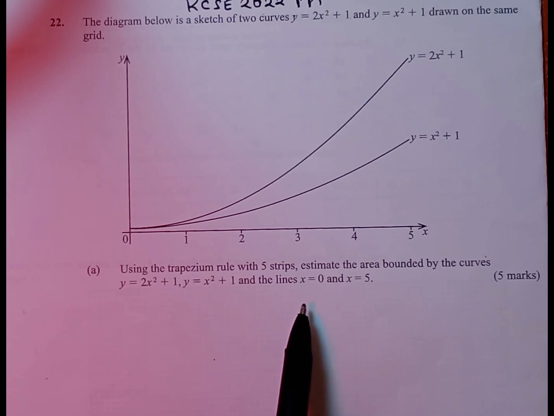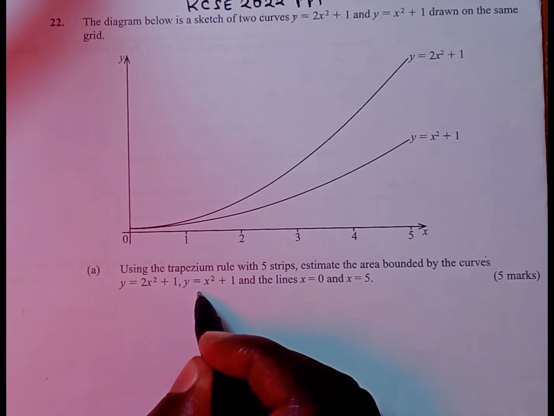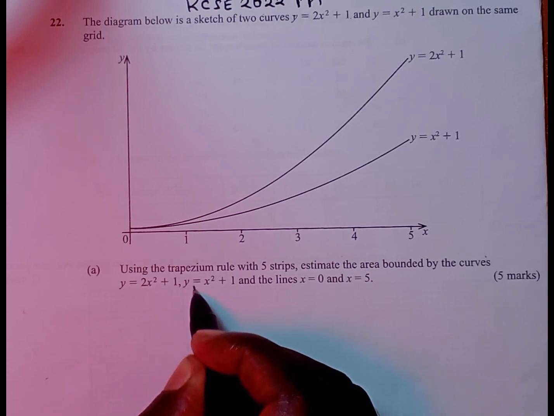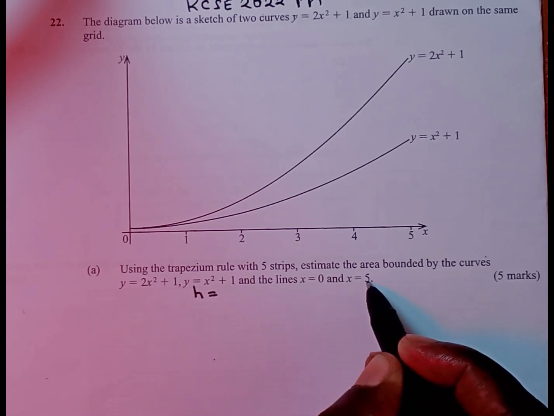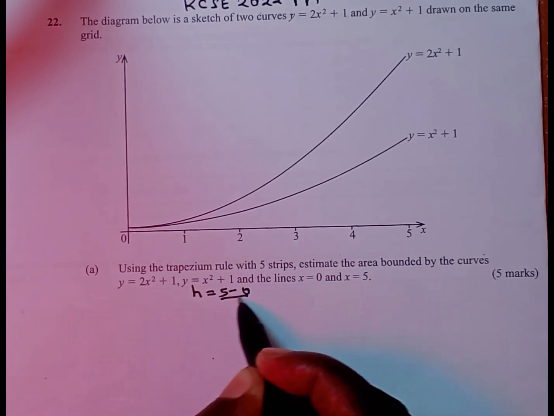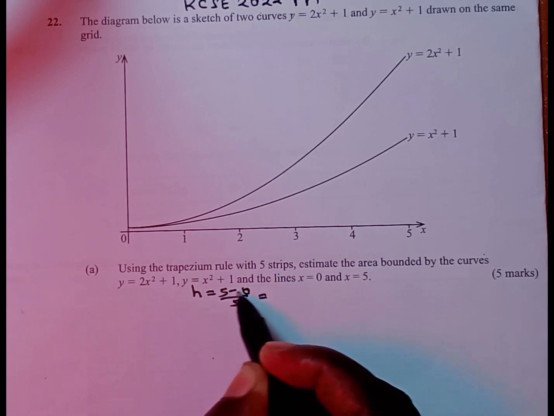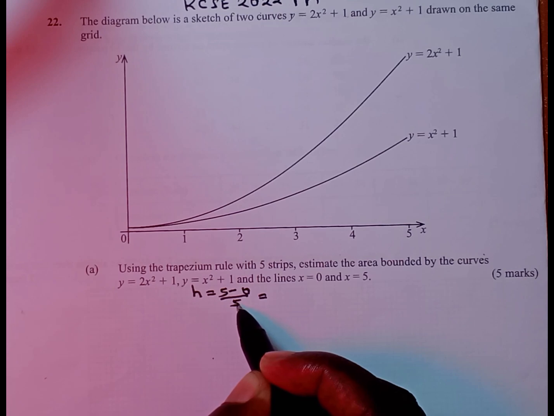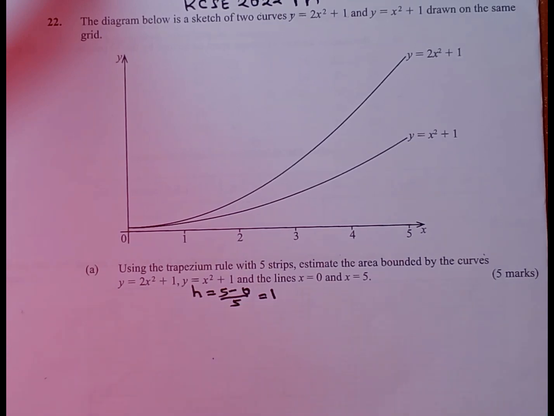The first thing, under trapezium rule, we calculate the height, which is obtained by taking the maximum value of x, which is 5, minus the minimum, which is 0 in our case. You divide by the number of strips mentioned. 5 minus 0 gives 5, divided by 5 gives exactly 1 unit.